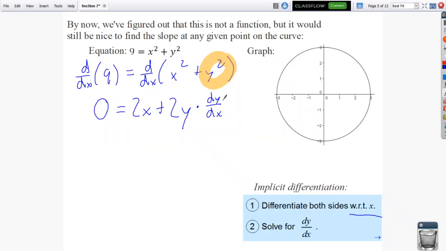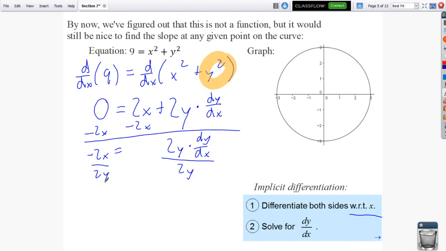And when I look at this, I could subtract 2x from both sides. Subtract 2x. I've got 0 minus 2x gives me negative 2x equals 2y times dy/dx.